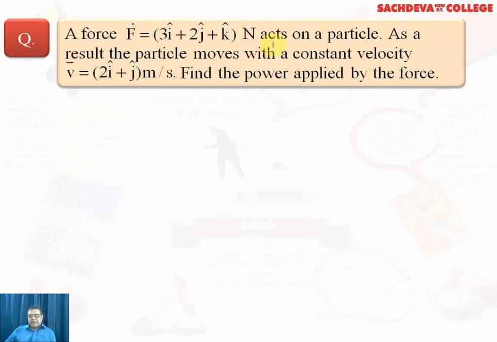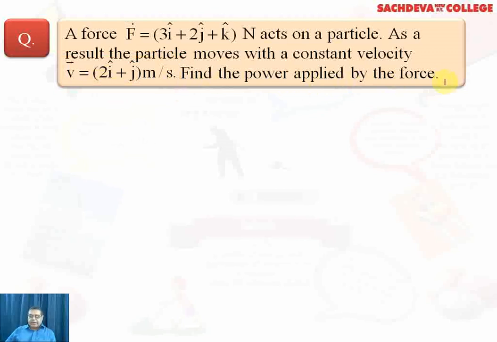As I have explained earlier, i, j and k are the unit vectors along the x-axis, y-axis and z-axis. This force, given in newtons, acts on a particle. As a result, the particle moves with constant velocity. If force is not changing, the velocity won't change, and the value of the constant velocity is 2i plus j meters per second. We have to find the power applied by the force.